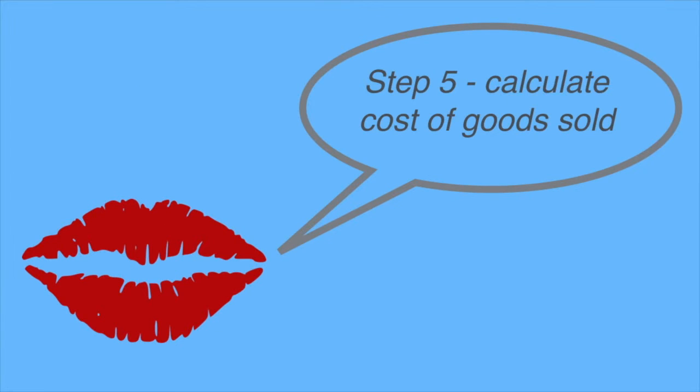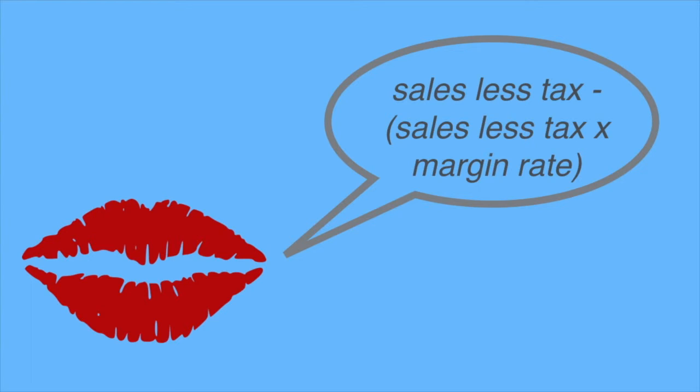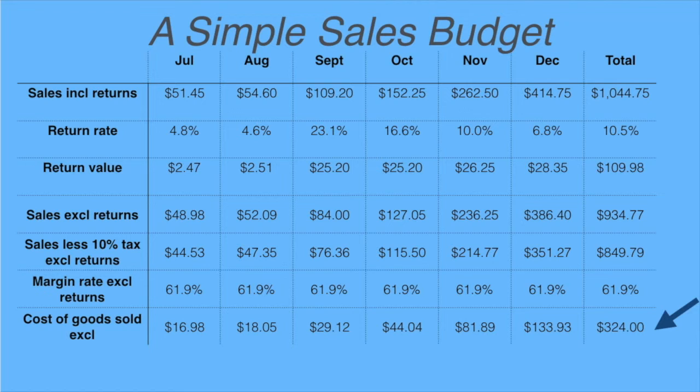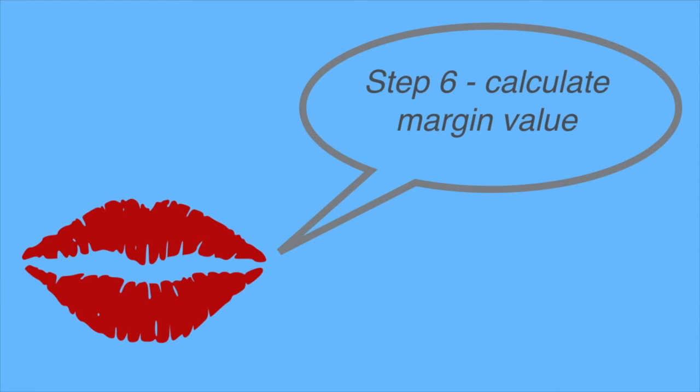Step 5 involves calculating the cost of goods sold. The formula again for this is sales minus (sales multiplied by margin rate), and gives us a figure of $324. Step 6 is the final step, and this is to calculate the margin value, which we do by subtracting the cost of goods sold from sales.